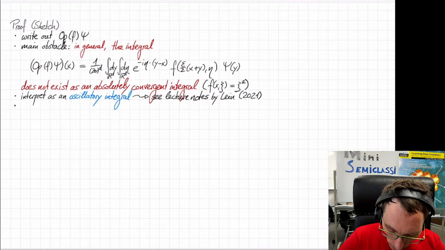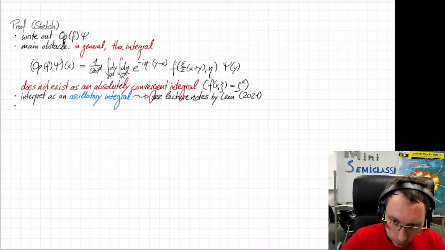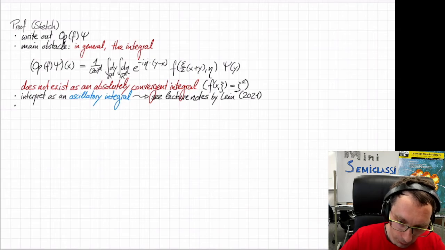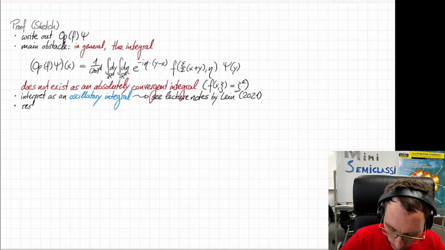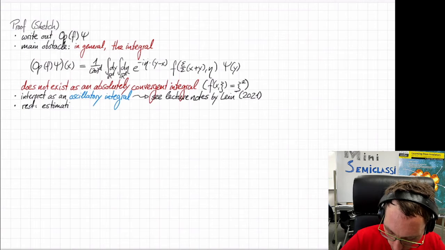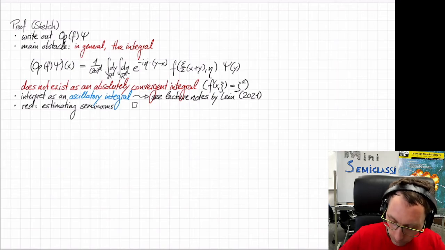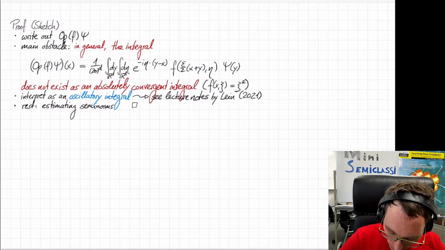Okay, so once we have the correct notion of integration, the rest is just a matter of estimating seminorms, which you can probably imagine is perhaps a bit laborious, but conceptually straightforward, and that's exactly what it is. And that's the proof.